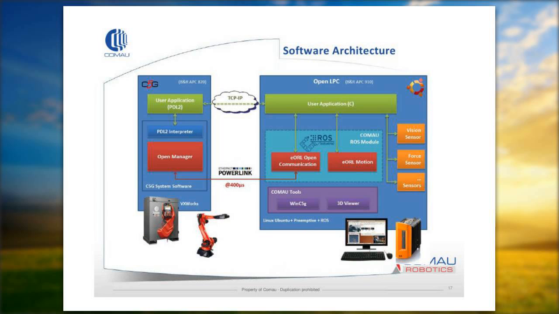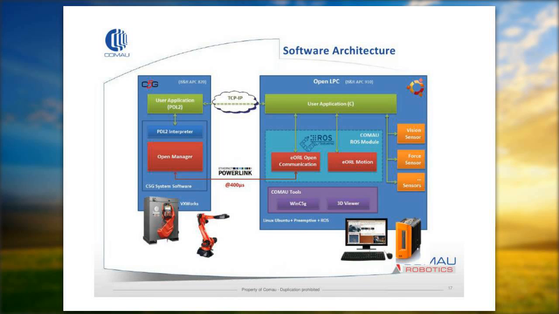So for what concerns the software architecture, to go just a little bit in deeper detail, we have on the left side our C5G standard controller, where we have all the levels for the user application with our programming language PDL2.